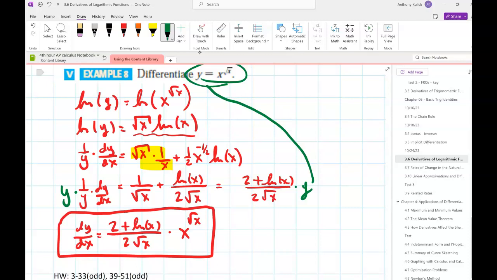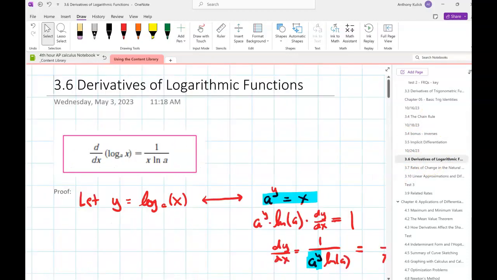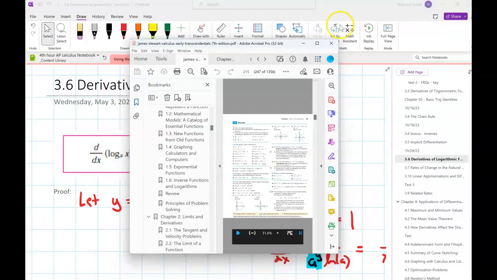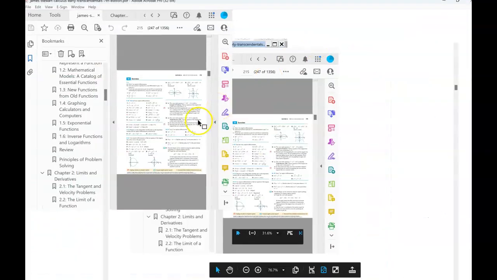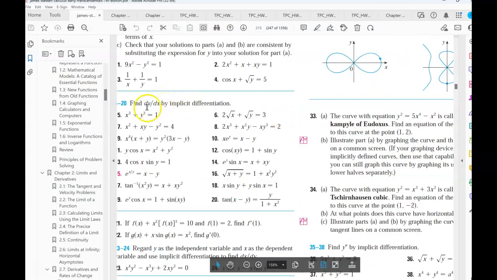Okay, got it. So for the previous lesson, we didn't do that because it said implicit differentiation. Yes. If we look at the directions, see, dy dx by implicit differentiation.